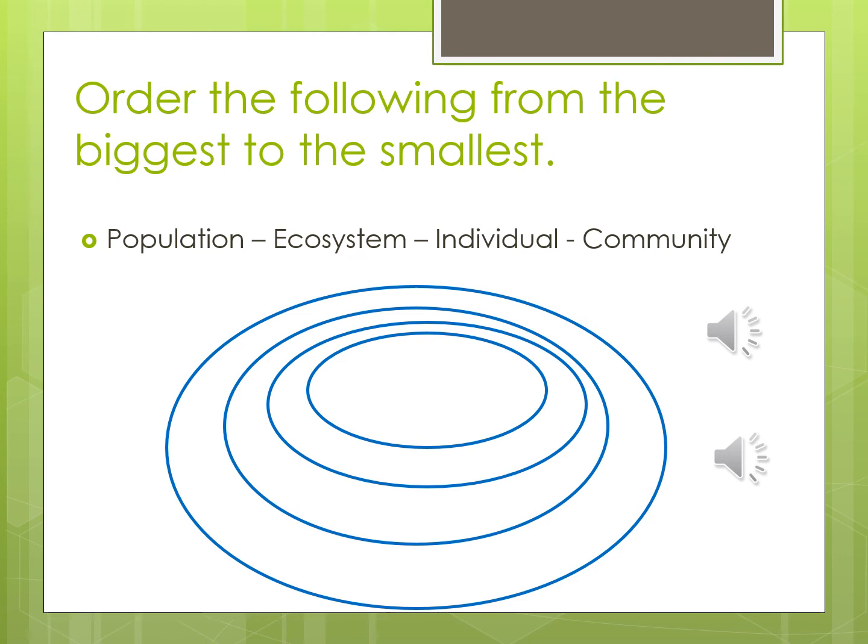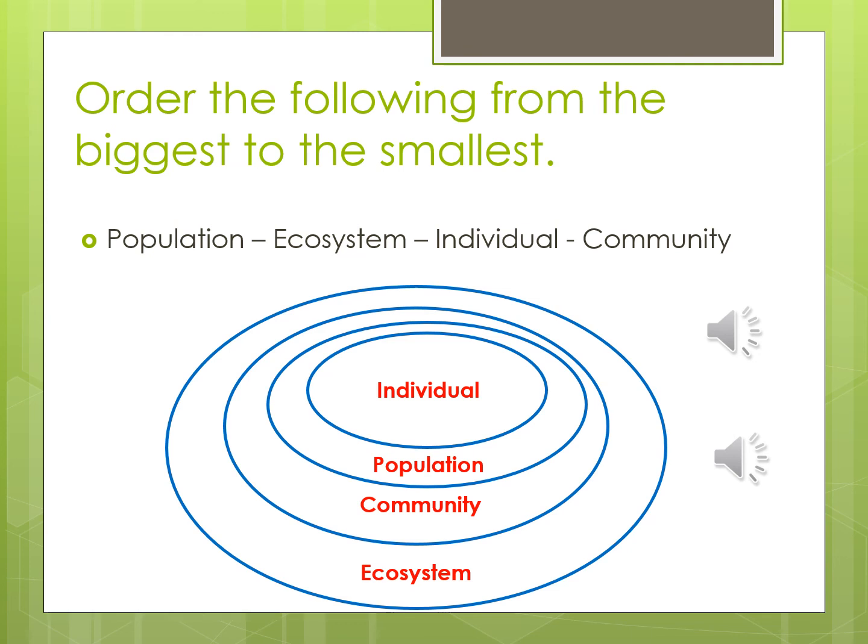Now let's practice. I want you to order the following from the biggest to the smallest. We have population, ecosystem, individual, and community. That is super. The biggest one is the ecosystem because it contains the living and the non-living things in an area and their interactions.